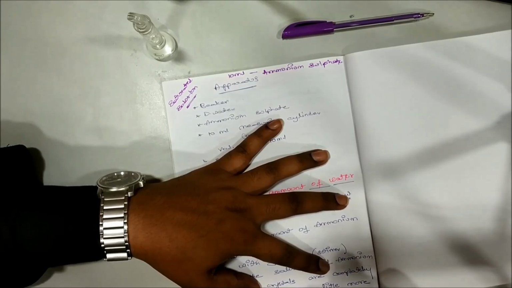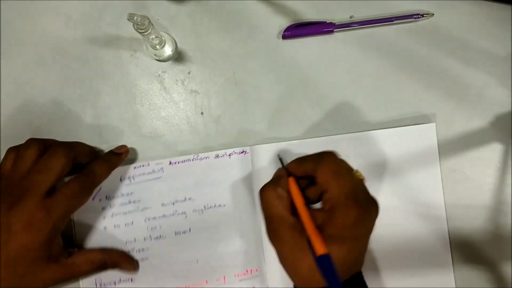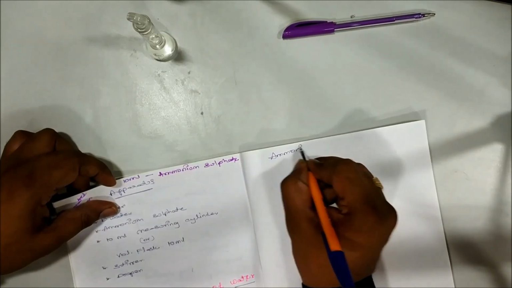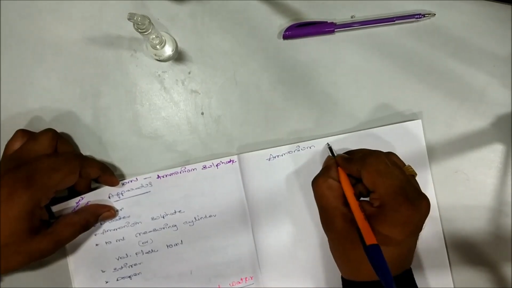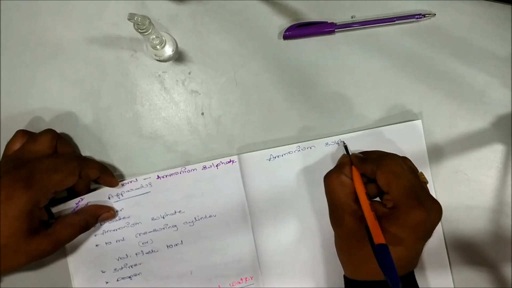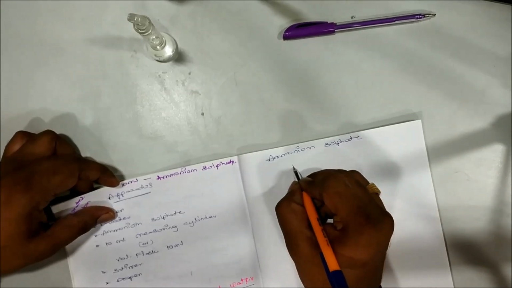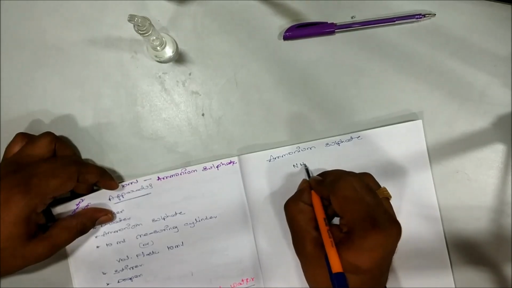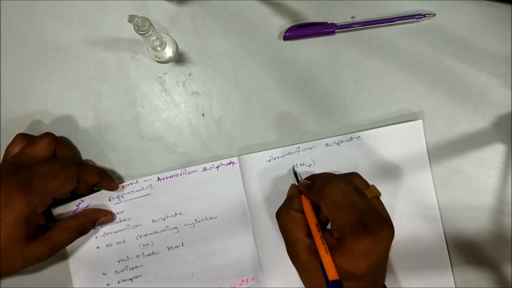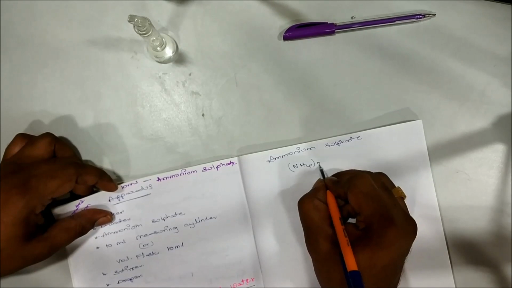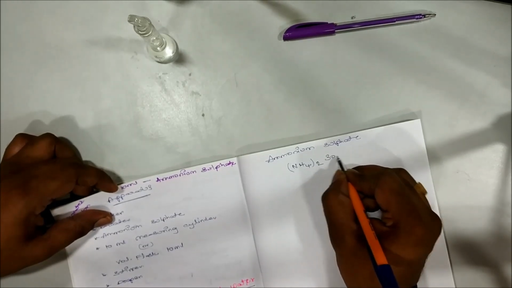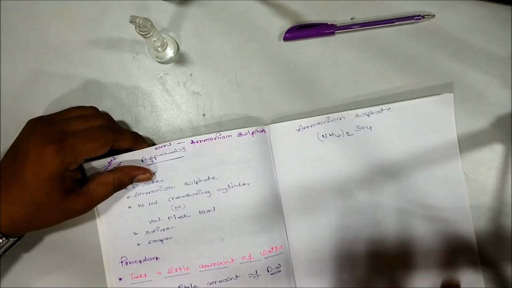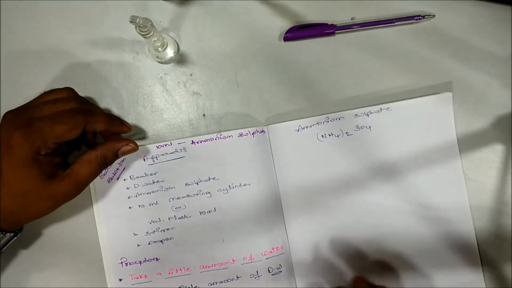I think it is not clear here. NH4 to SO4. This is the chemical formula of ammonium sulfate.